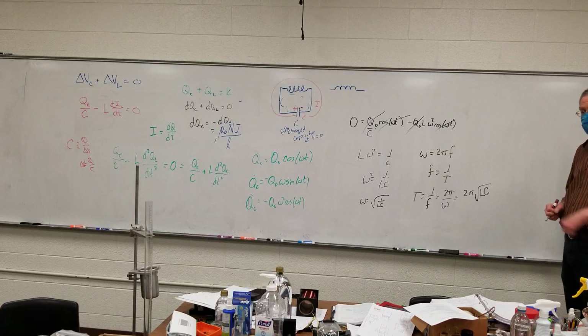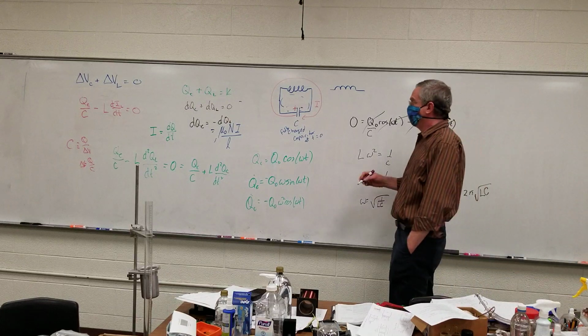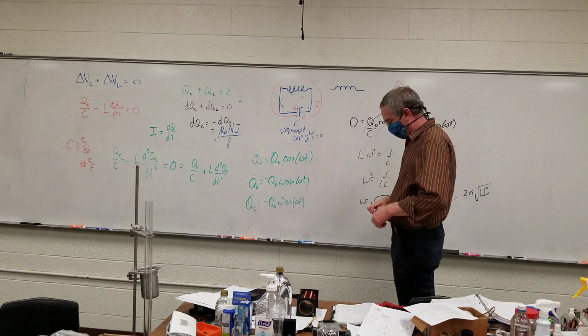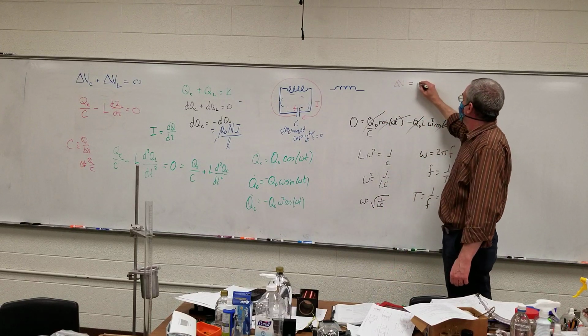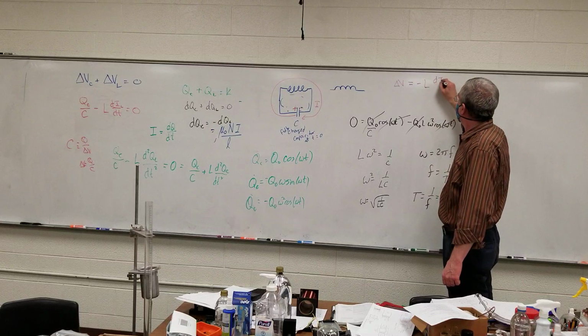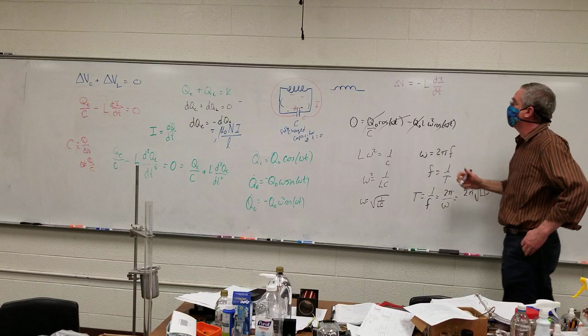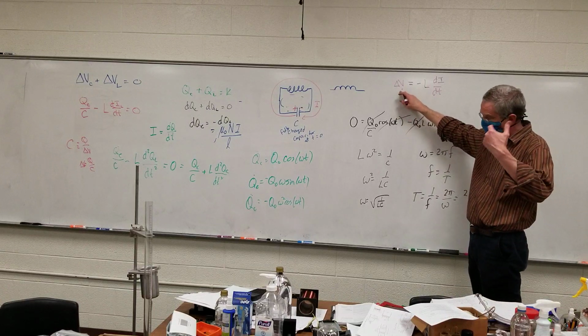Fun with inductance. Let's talk about units. I know that the voltage is equal to negative L di dt. So we can at least play around some with units here. So the units of voltage are Volts.